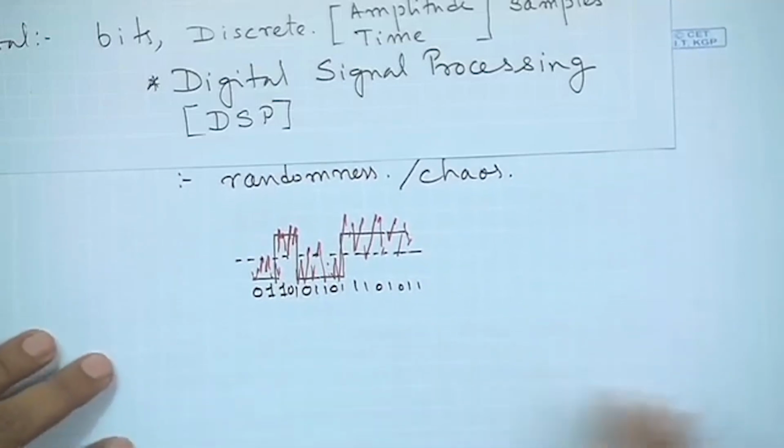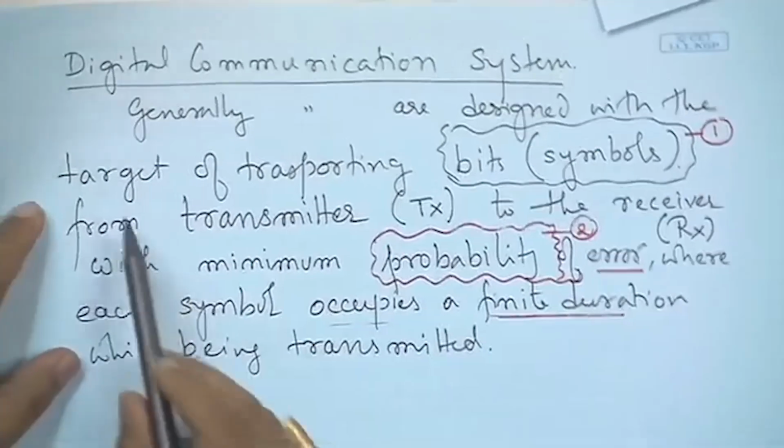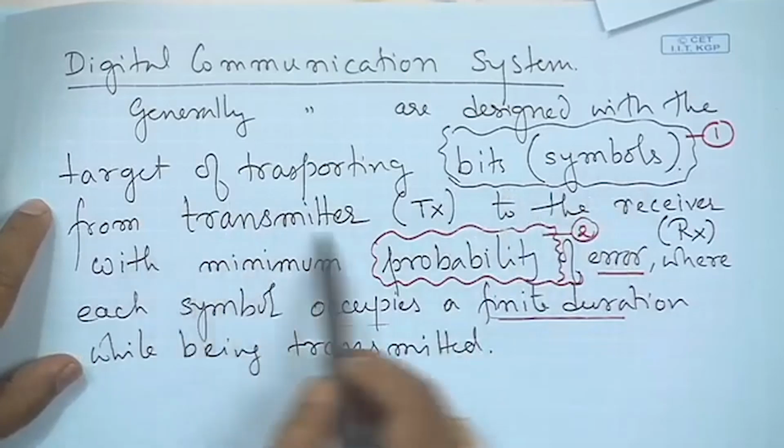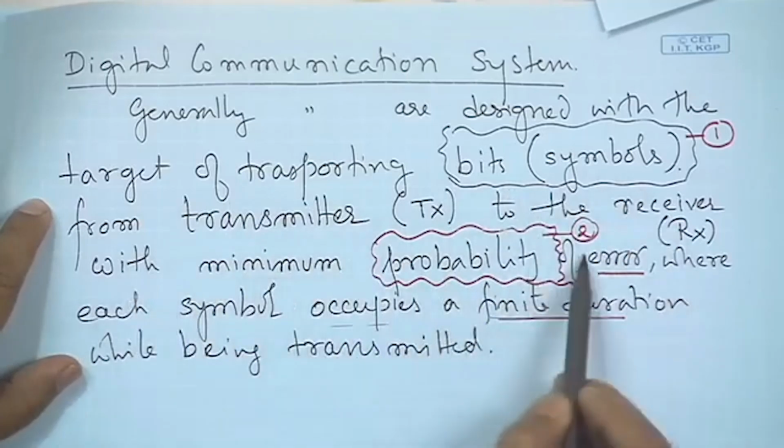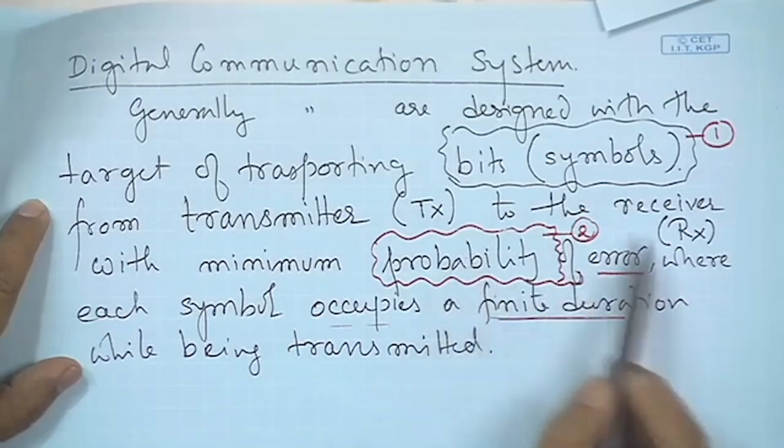So noise is very important, and since this happens, we are left with no choice but to process the signal in such a way that we recover the most and we make minimum errors. That's how we started off defining the communication system, when we said that the target is transporting bits or symbols from transmitter to receiver with minimum probability of error. Why do we say this?